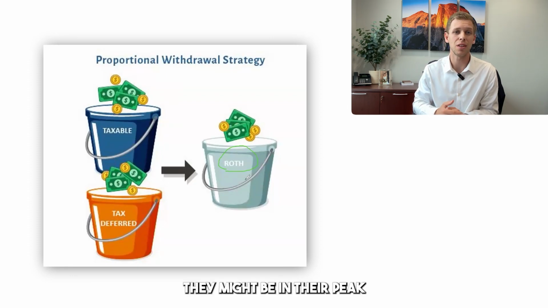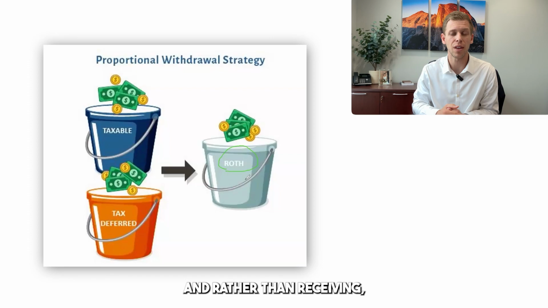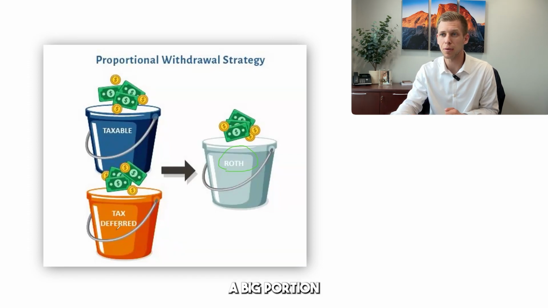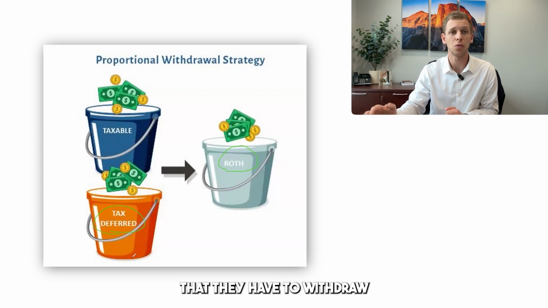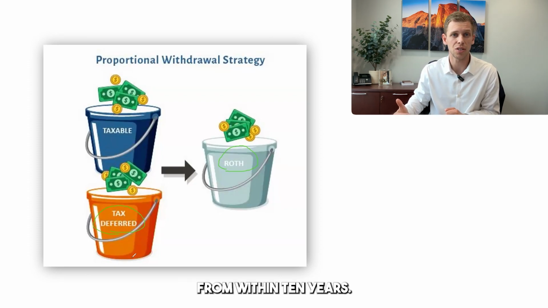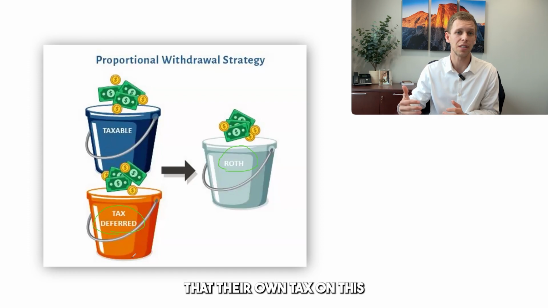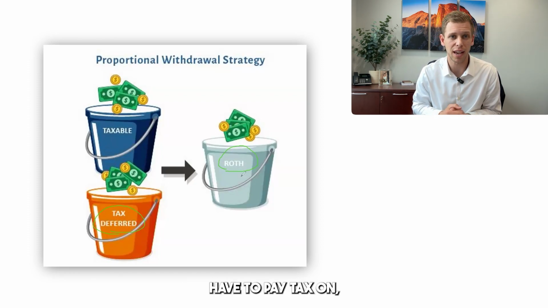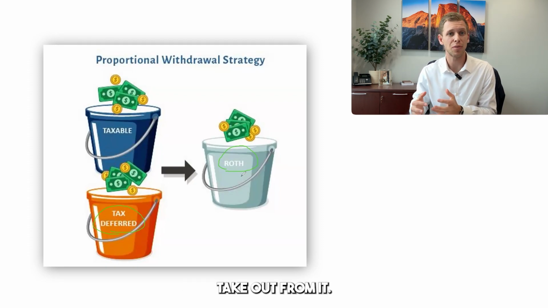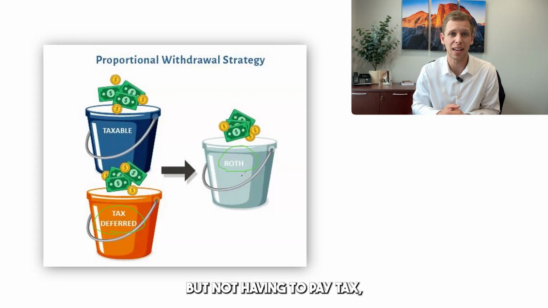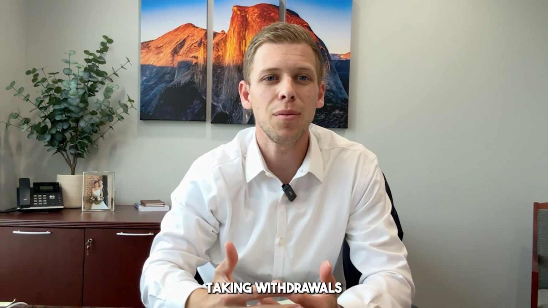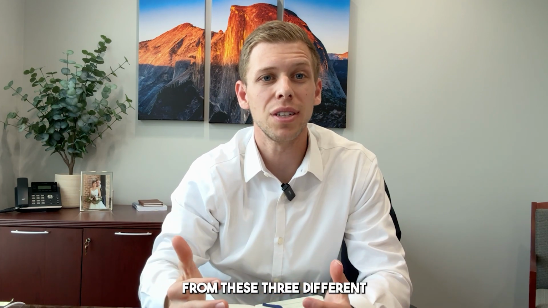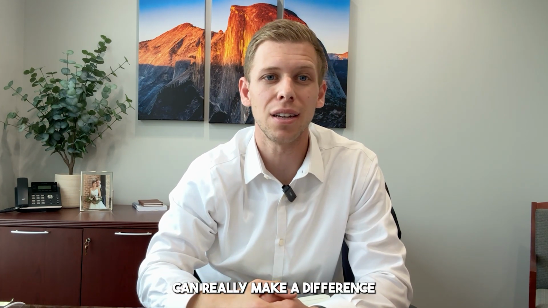So again, they might be in their peak earning years, and rather than receiving a big portion from a tax-deferred IRA that they have to withdraw from within 10 years, and this could be a large amount that they're owing tax on, this Roth account is going to go to them and they'll never have to pay tax on it. They will still have to take out from it, but not having to pay tax, that can be really beneficial to your heirs. Taking withdrawals efficiently from these 3 different tax buckets can really make a difference over the long term.